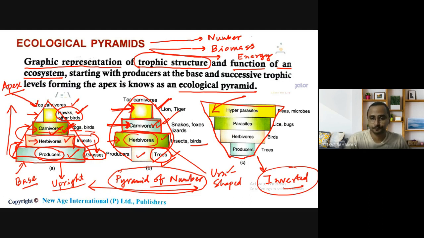Here the number of producers is less, the number of herbivores is more than producers, the number of parasites is more than herbivores, and the number of hyperparasites is more than parasites.